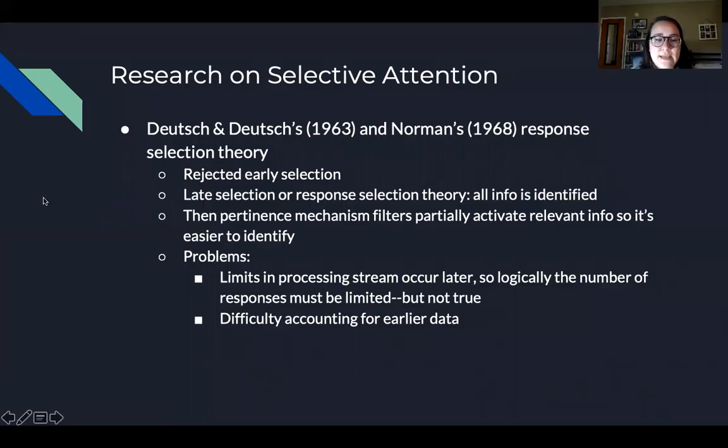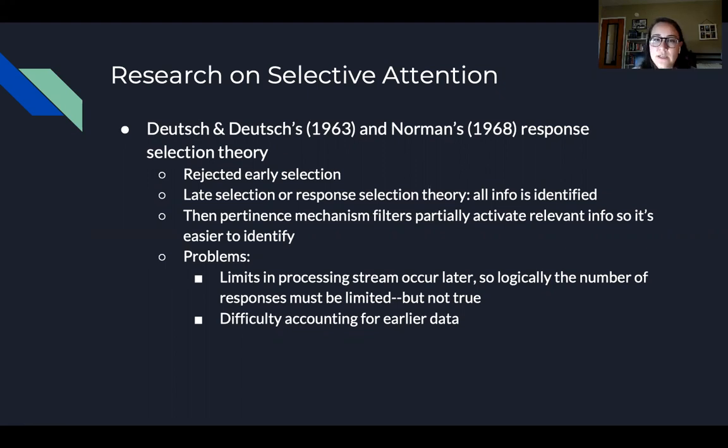As a result of findings that suggested that the meaning of a message affects whether we process incoming information, Deutsch and Deutsch and also Norman developed another type of theory, called response selection theory, or late selection theory. We'll talk about that in a moment.